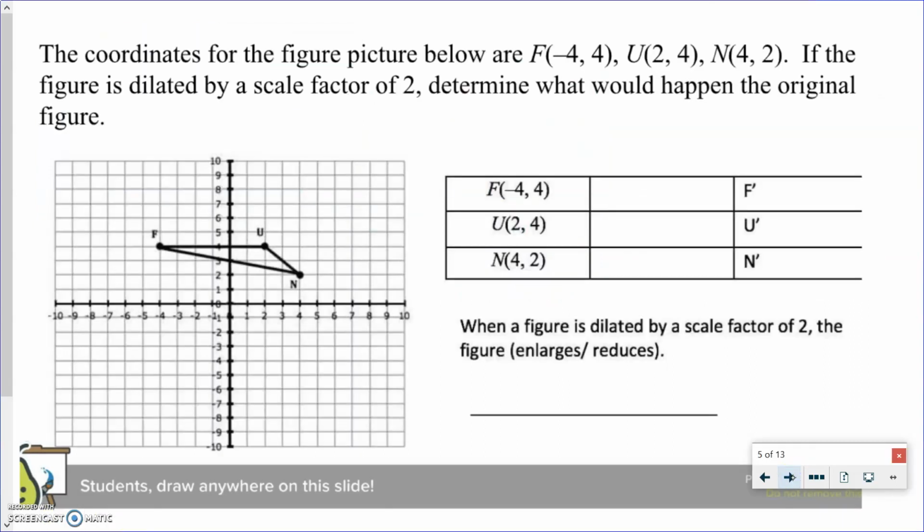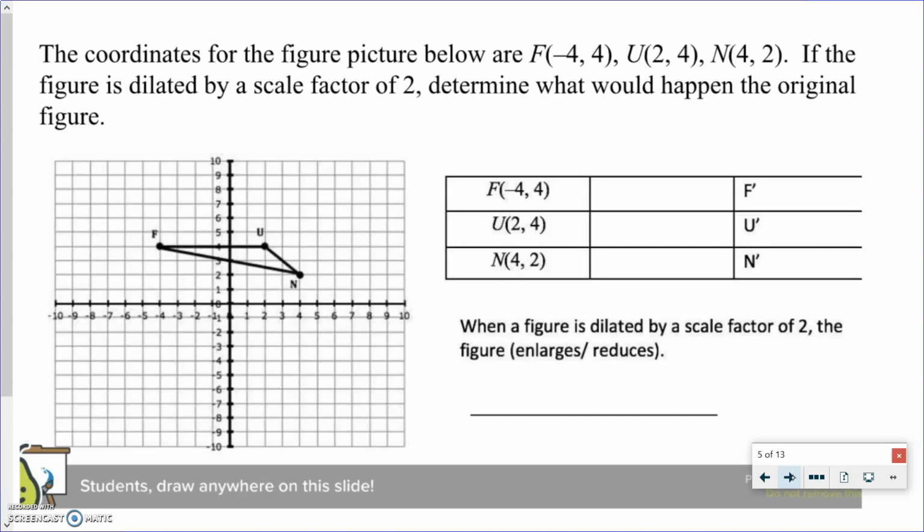So let's take a look at this first example. It says the coordinates for the figure pictured below are F, U, N. Okay. If the figure is dilated by a scale factor of 2, determine what will happen to the original figure. Okay, so remember, using our scale factor, it's multiplication.